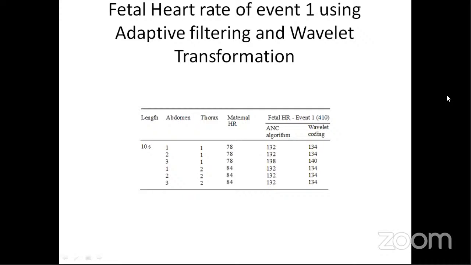I have taken a number of events, in the sense of abdominal and thorax signals, and calculated the mother heart rate and fetal heart rate, tabulated here. From the database, 10 seconds of abdomen and thorax signals have been taken. For the first event, 78 is the mother heart rate, and the fetal heart rate is 132 with ANC, the adaptive noise cancellation, and 134 with wavelet.